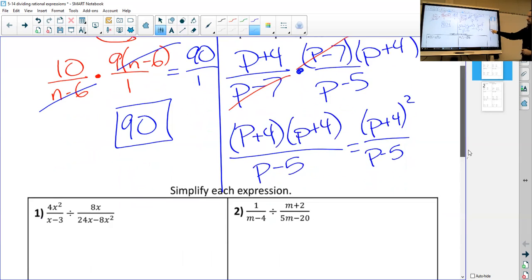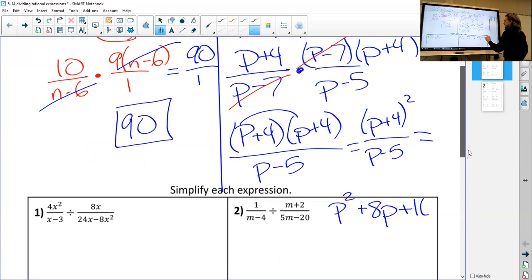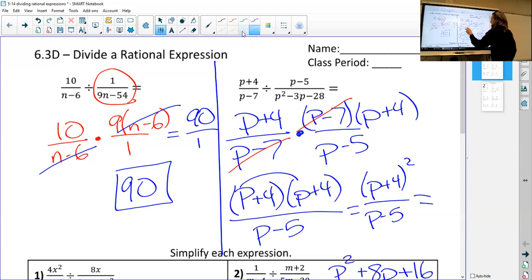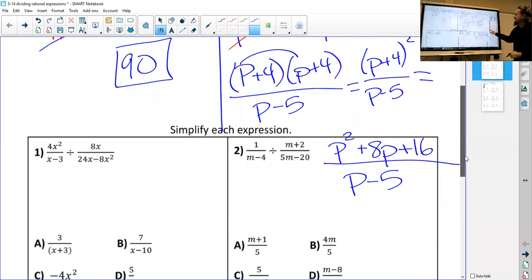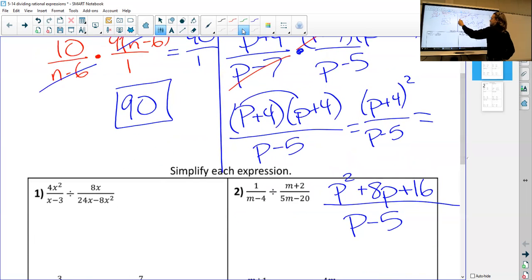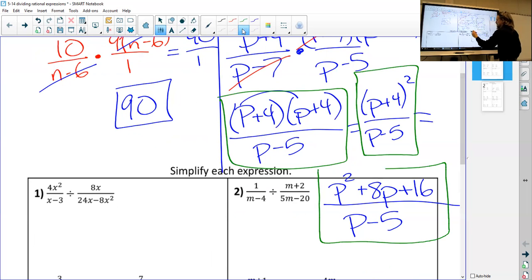Or depending on how it was asking, we could FOIL this out and say this is equal to p squared plus 8p plus 16 over p minus 5. So all three of these things are equivalent. Depending on what the answer choices look like, you're going to have to decide which way to write your answer.